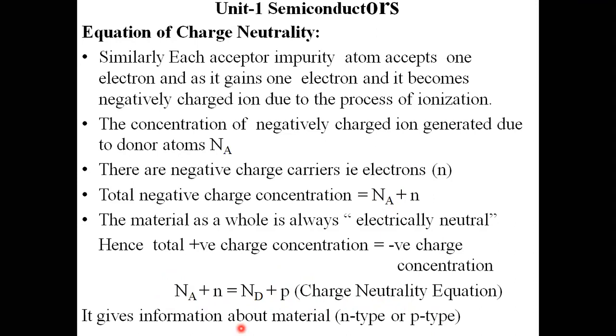Please respond. This is the equation for positive charge carriers as well as negative charge carriers, that is Na plus n is equal to Nd plus p, the charge neutrality equation. That means positive charge carrier concentration is equal to negative charge carrier concentration.